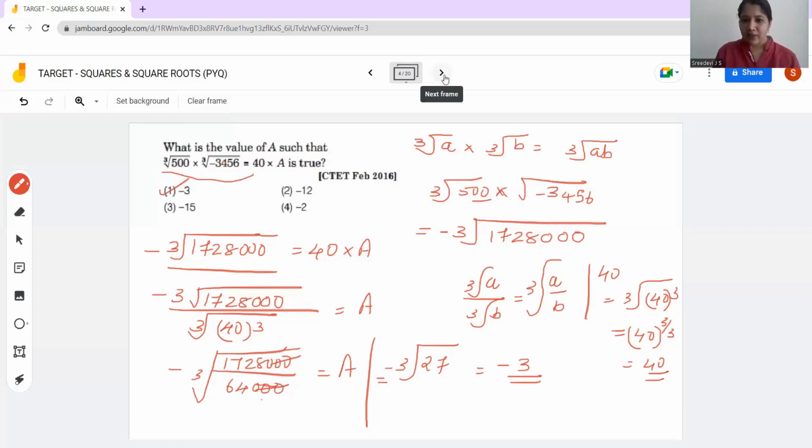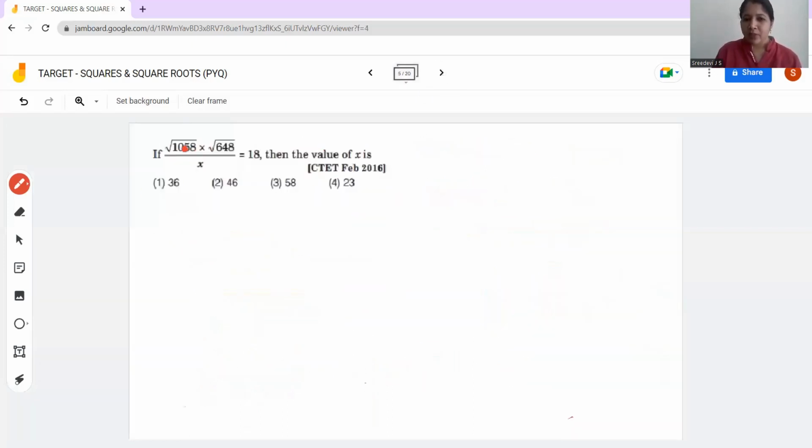Okay. Next question. Square root of 1058 into square root of 648 divided by x is equal to 80. We have to find out the value of x here. Here also we can work separately; we don't need to club it. Here we will change 80 in order to make the question simpler. So let us see how.